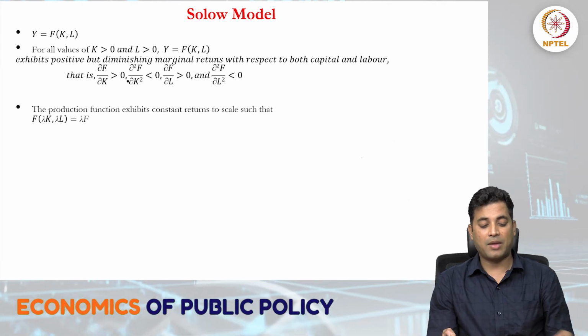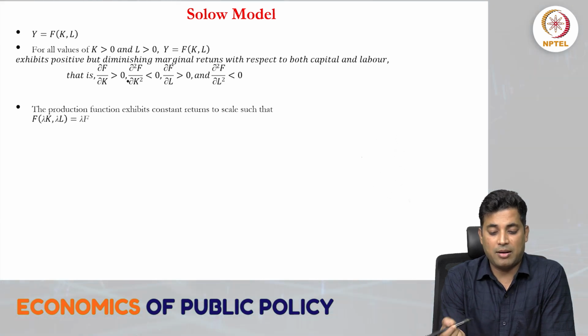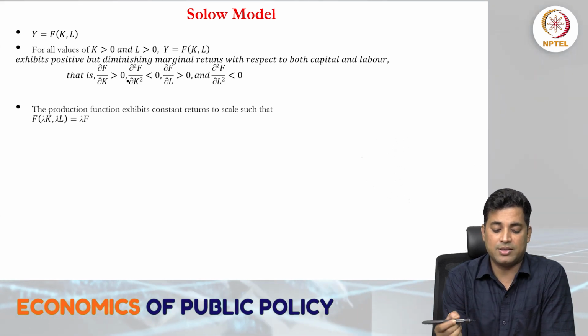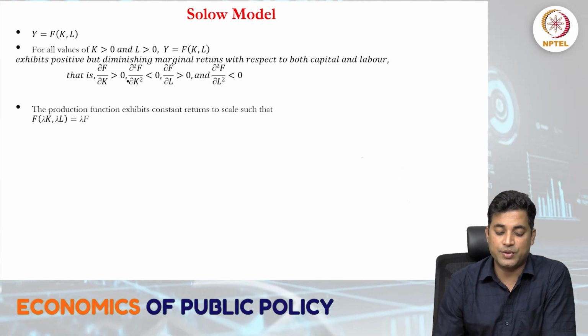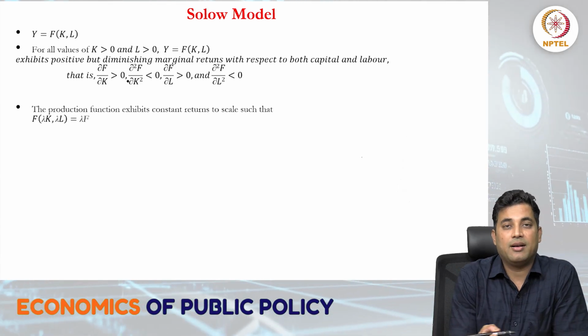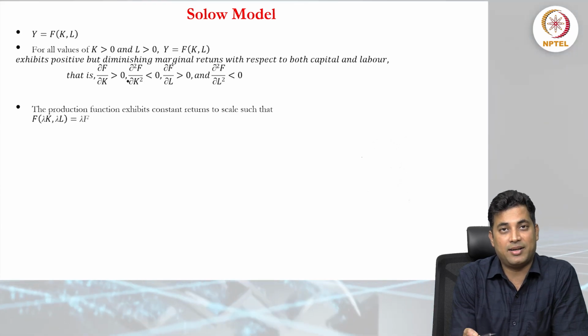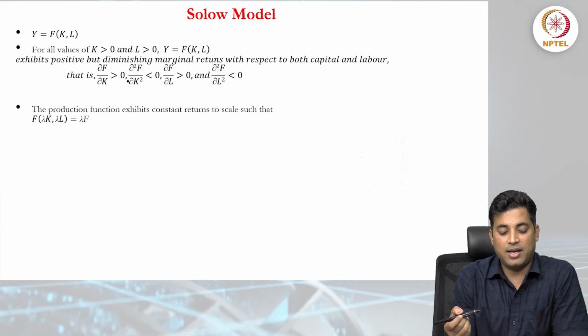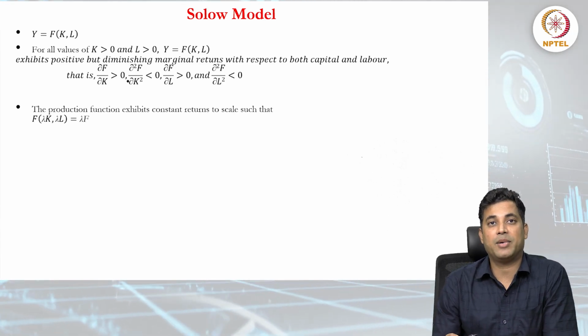The second assumption is that, unlike Harrod-Domar, the Solow model considers constant returns to scale, which means if inputs K and L are increased by lambda times, then output, say F or Y, will also be increased by lambda times.